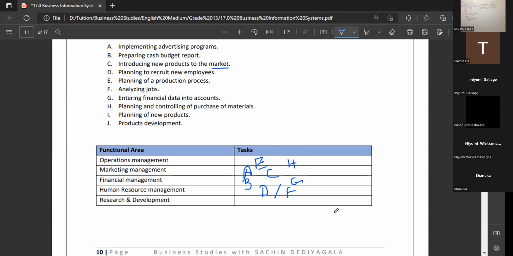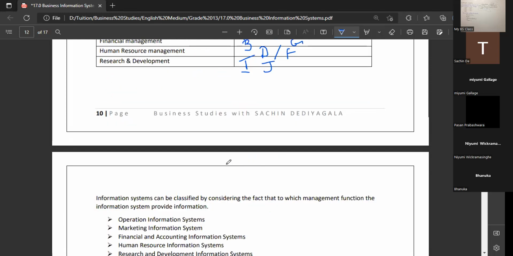You are not producing any product, you're planning. So that will be R&D. What else do we have? Finally, J, product development, which is also the same. So E, H, A, C, B, G, D, F, and finally I and J come under R&D. I hope it's clear, nothing complicated.